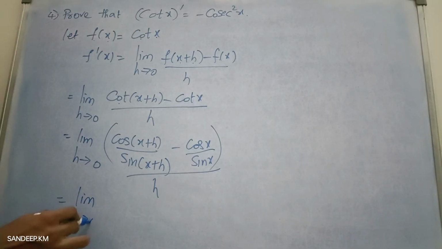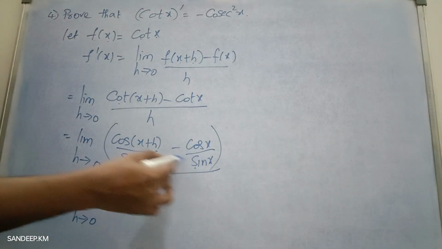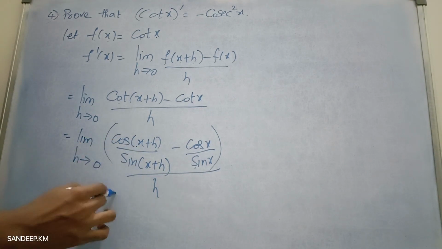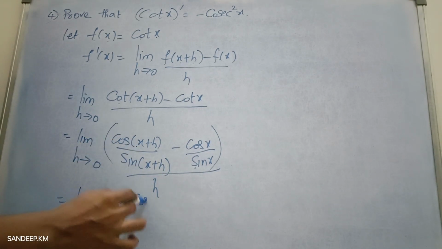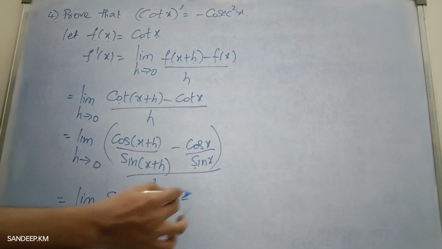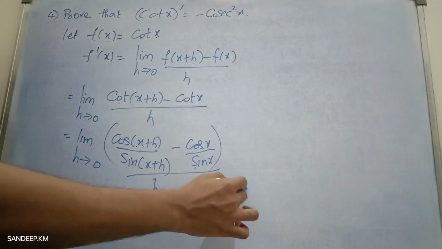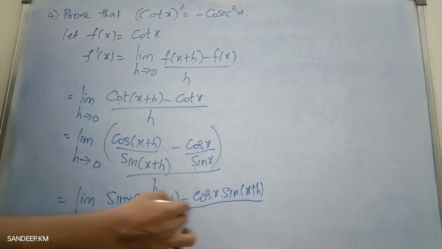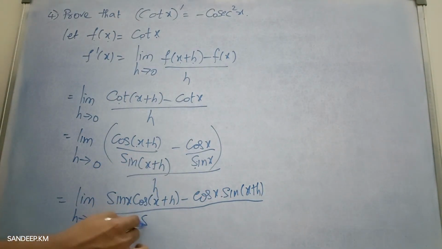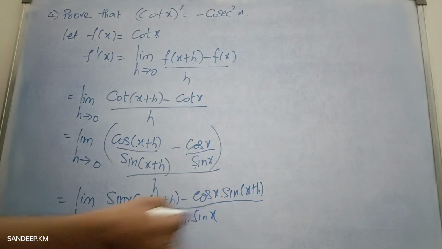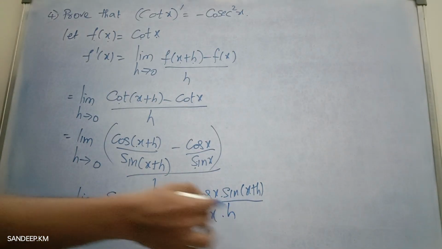So what do we get? Limit h approaches 0, sin x into cos of x plus h minus cos x into sin of x plus h, whole divided by this into this. What is it? Sin of x plus h into sin x, and already in denominator we also have h.